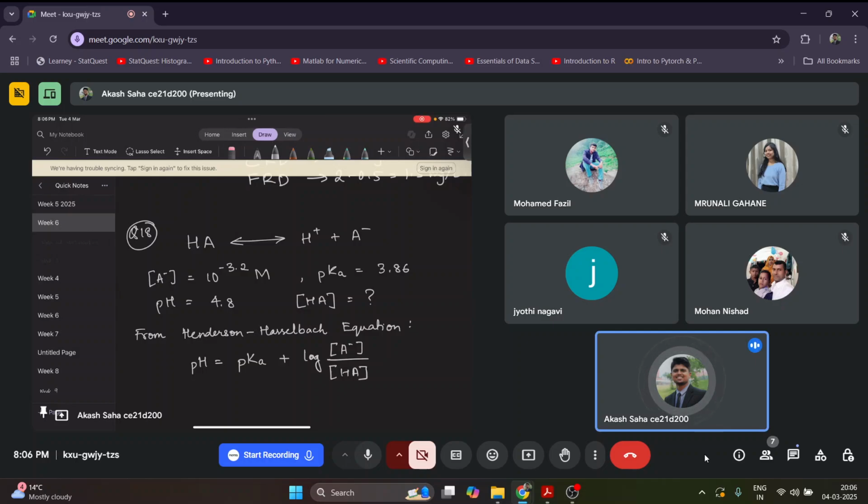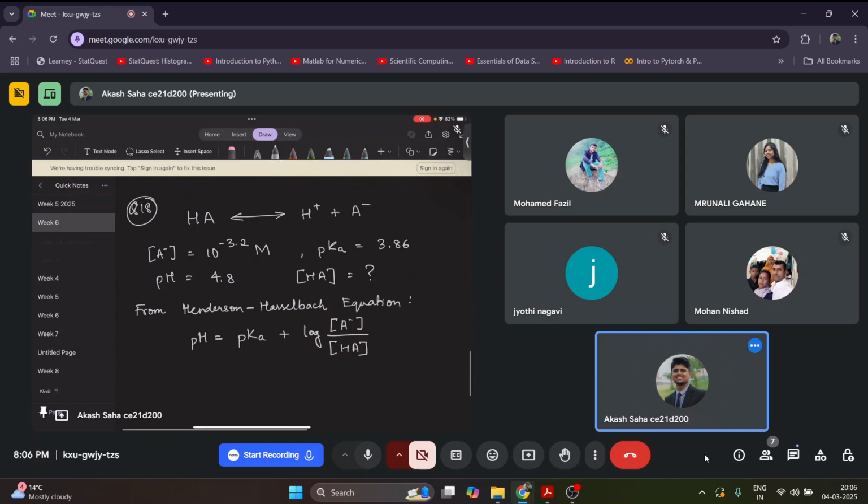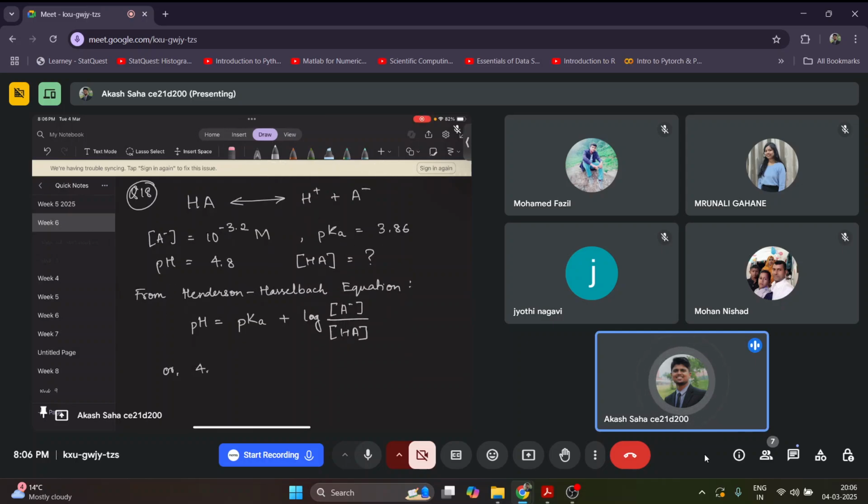Very simple formula, so directly you have to put it in. pH is 4.8, pK is 3.86 plus log of A minus concentration 10 to the power minus 3.2 divided by HA concentration.